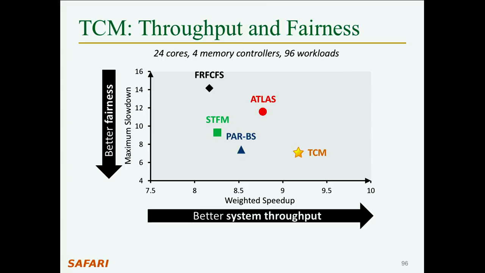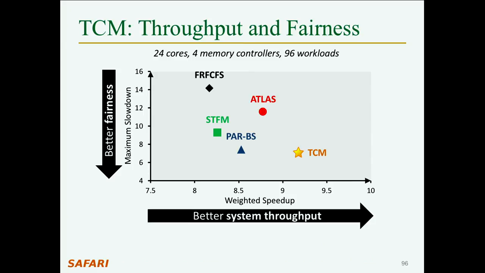Different schedulers have different knobs. For example, this has a marking cap knob. This is a quantum size knob. And this is an unfairness knob, if you remember. I guess this one doesn't have a knob, but I don't show the one that has the knob, actually.